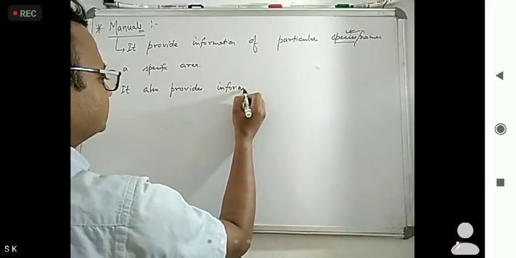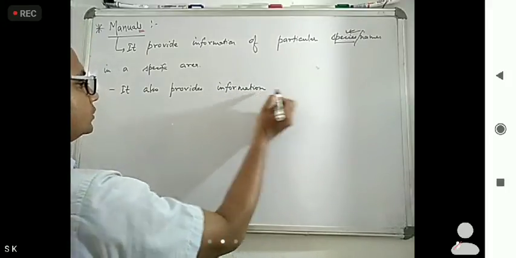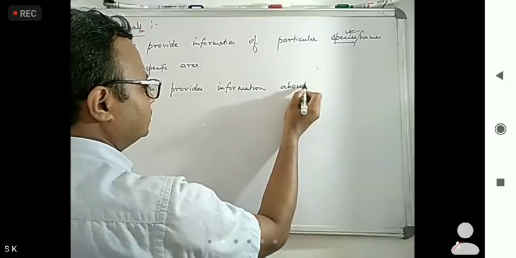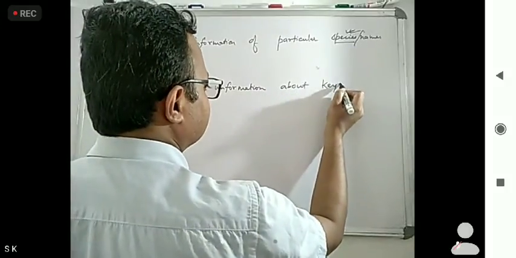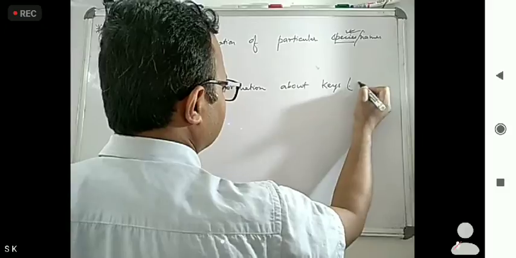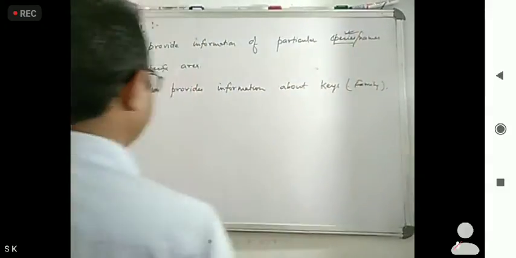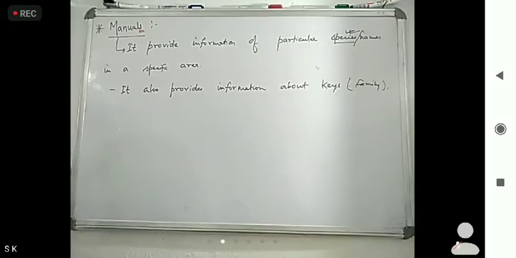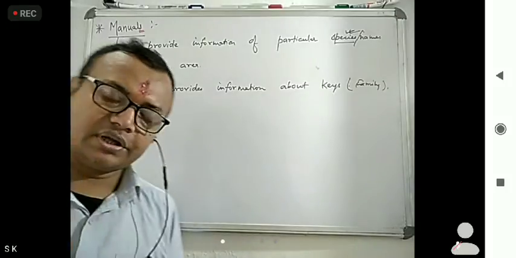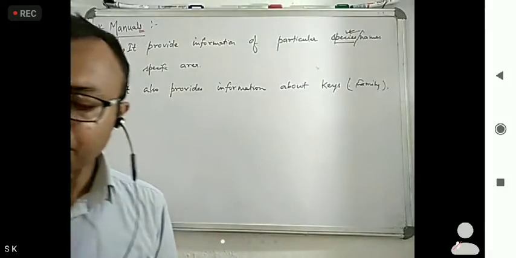Family also gives information, but mostly it gives species information in a specific area. So that is known as manuals.